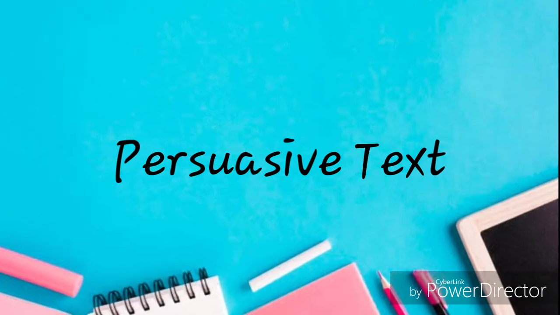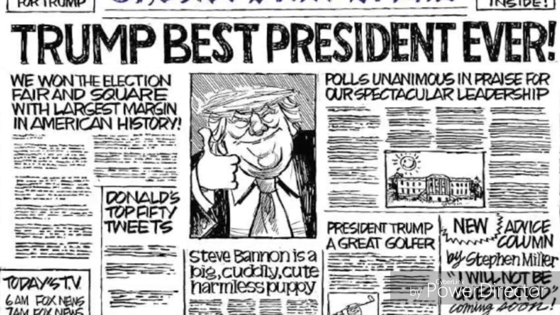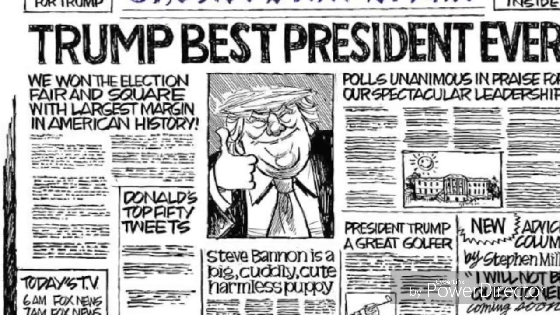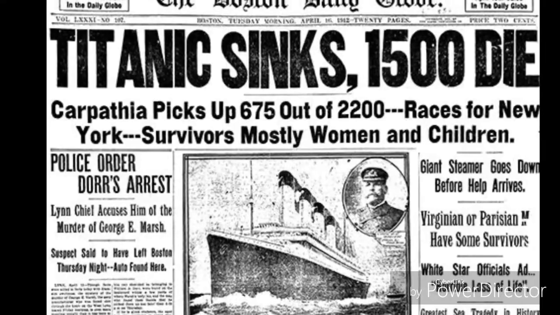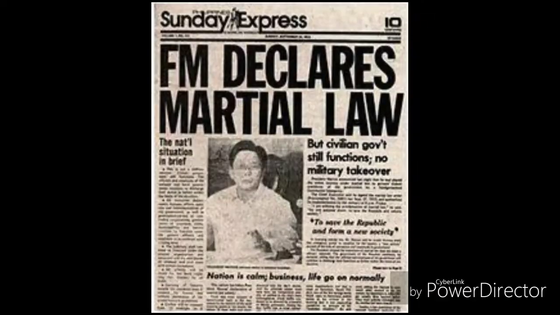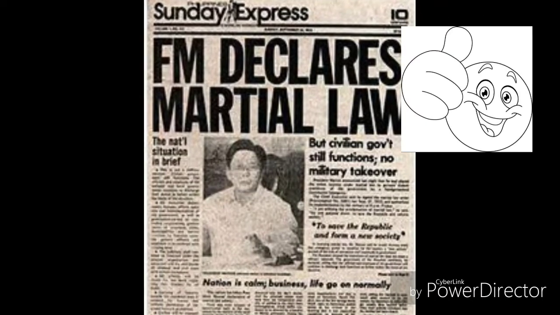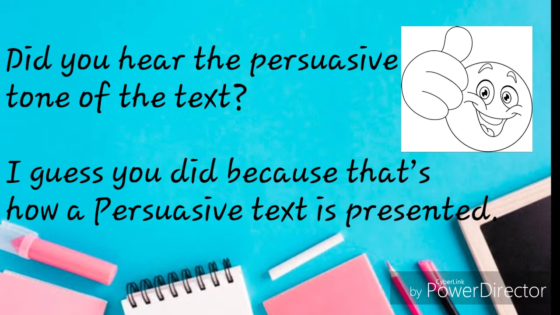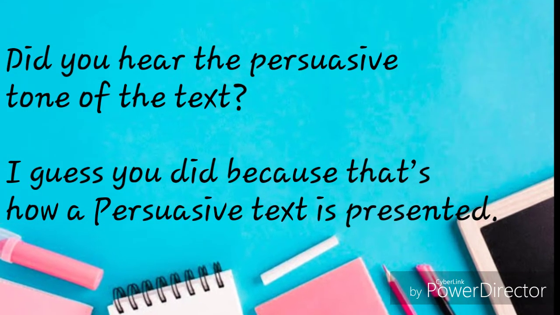Please analyze this editorial section of the newspaper. Notice how the writer convinced the reader to side with him in his arguments. Did you hear the persuasive tone of the text? I guess you did, because that's how a persuasive text is presented.